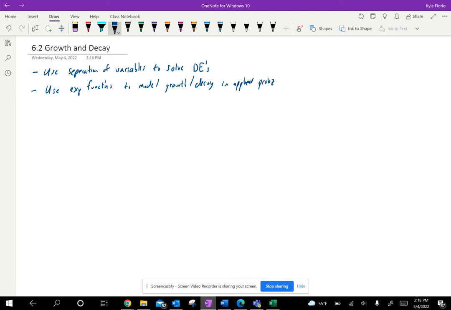Okay, so first thing is separation of variables. What is that? The strategy is, given a differential equation, we're going to try to rewrite it so that each variable is on one side of the equation.